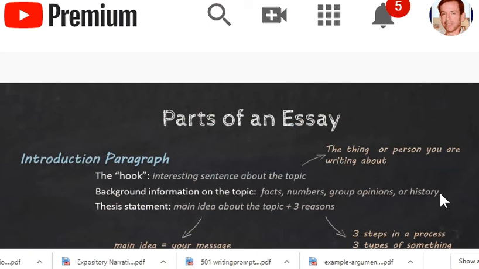The background information after the hook is supposed to help the reader prepare to start thinking about the general topic. Pretend the reader knows nothing about the topic and say very simple information that will help the reader understand the issue.